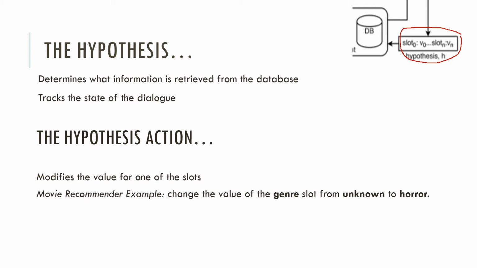And as we mentioned before, the hypothesis action modifies one of the values in the slots. So a hypothesis action might change the genre slot that we were talking about from unknown, if the user doesn't specify what he wants, to horror. And that might help the system retrieve the right element from the database.